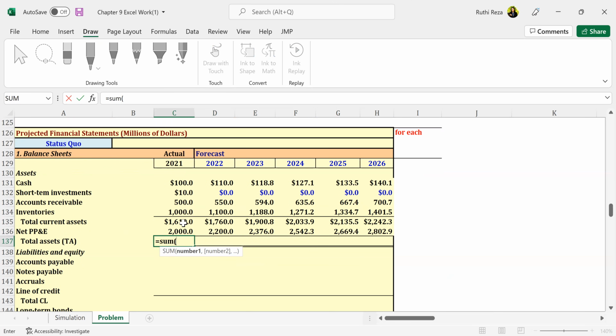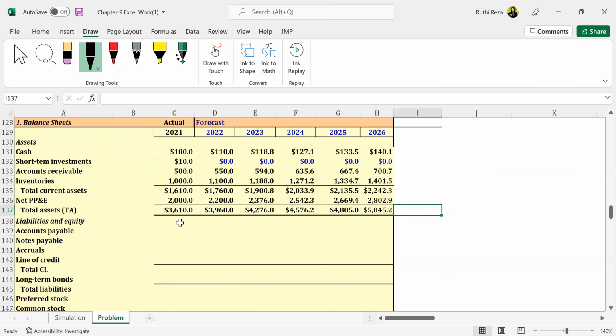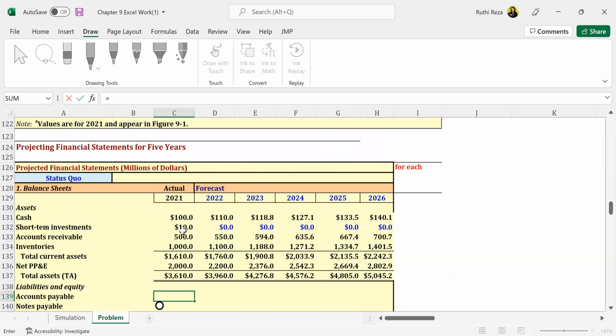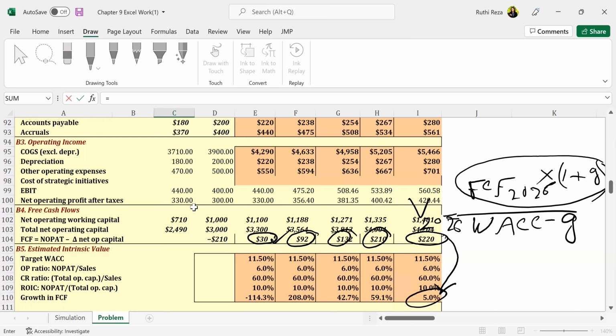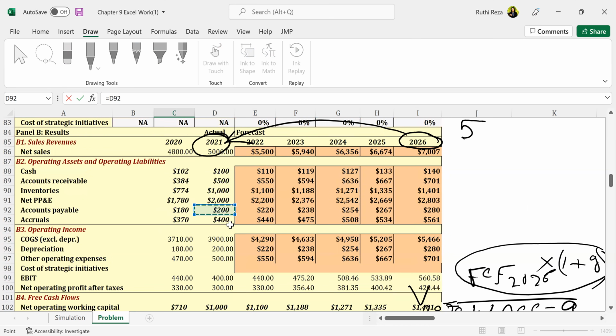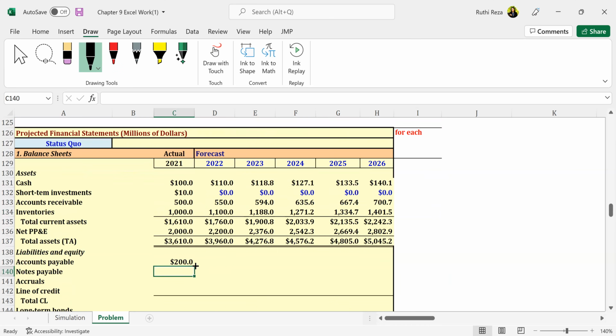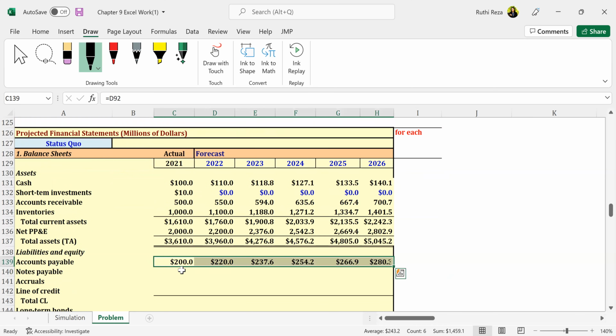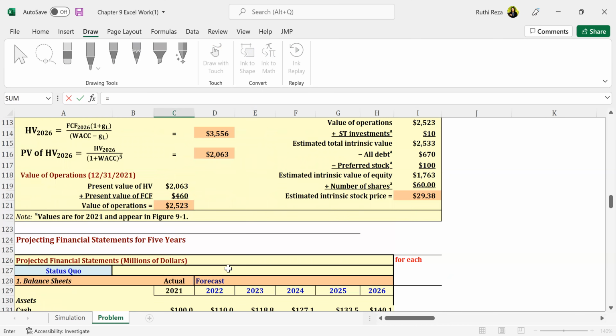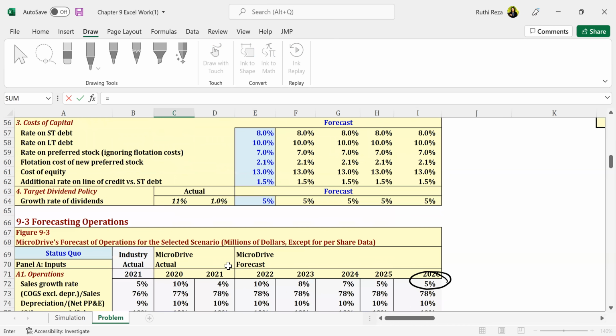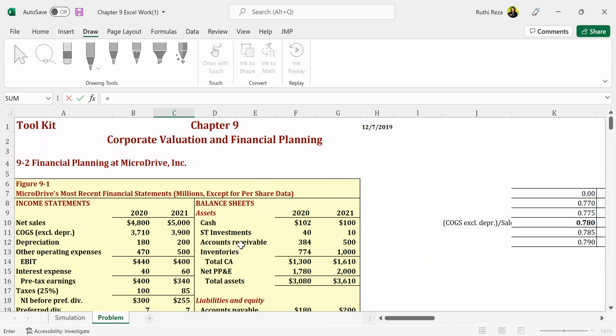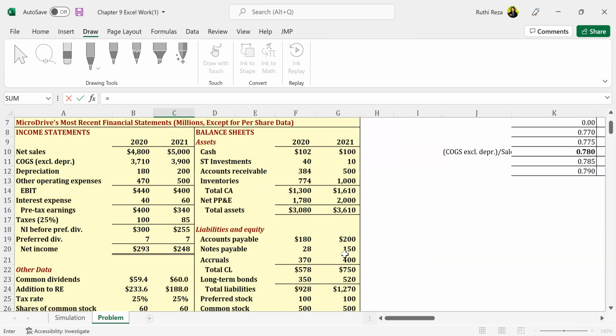Total assets is the sum of total current assets and net PPE. Next, accounts payables, we already estimated that. Notes payable, these are non-operating items. So let us copy it from the most current financial statements.